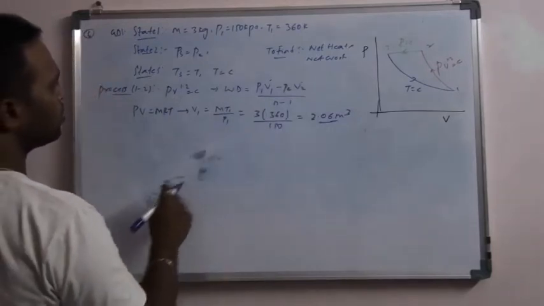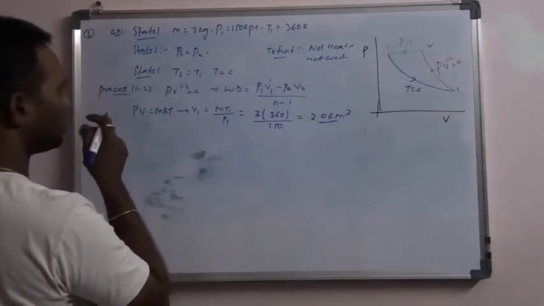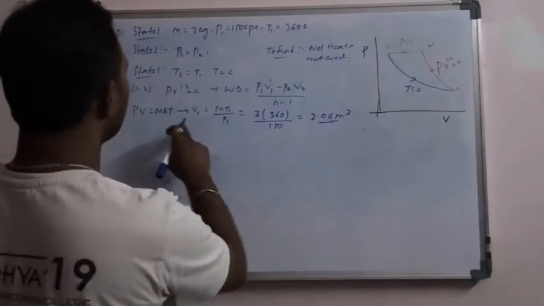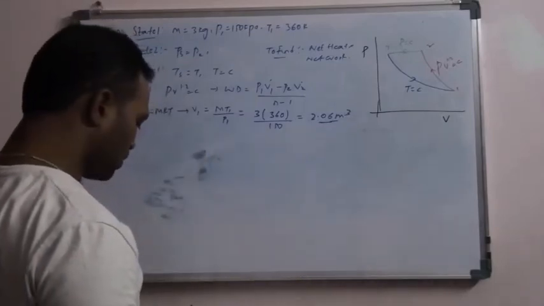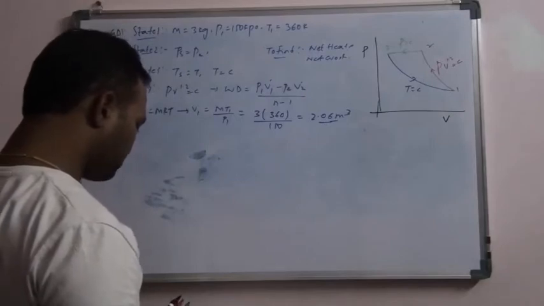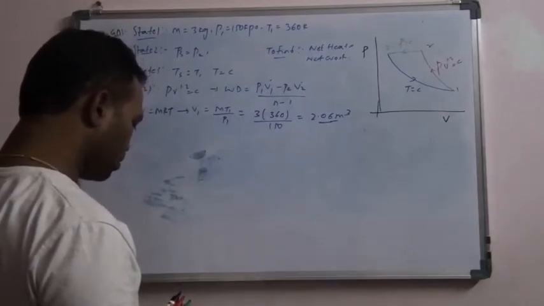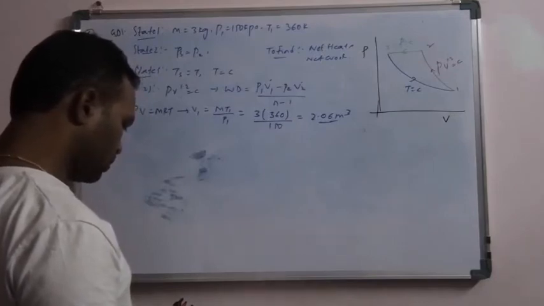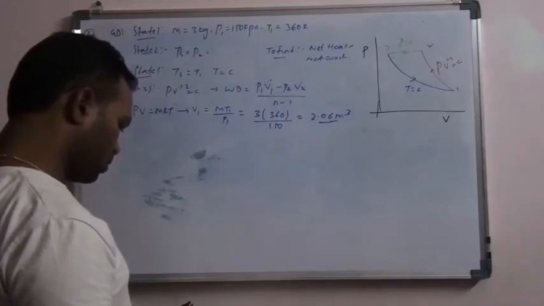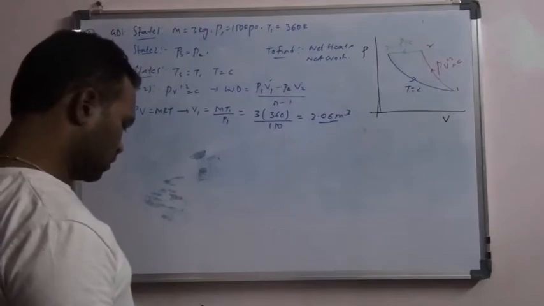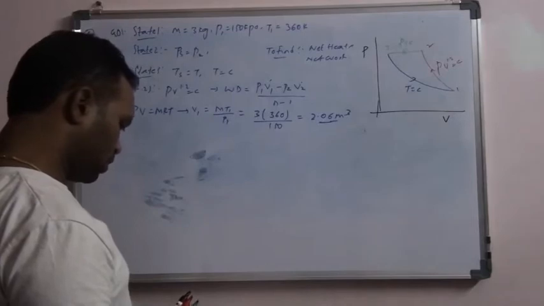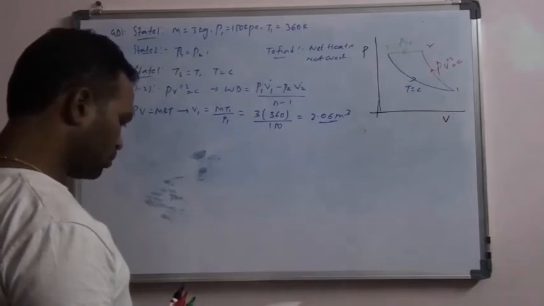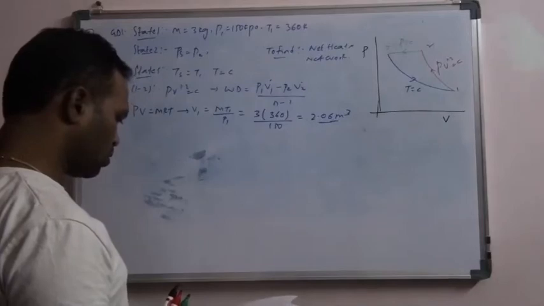Once V1 is known, next we can calculate V2. How do we calculate V2? That is also from the same relation, PV^gamma equals constant. For that, where do we get P2?